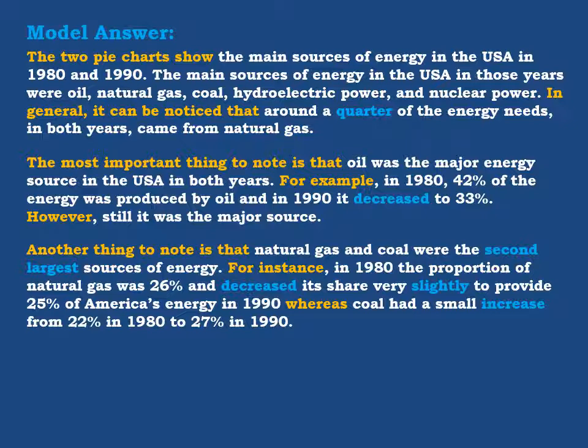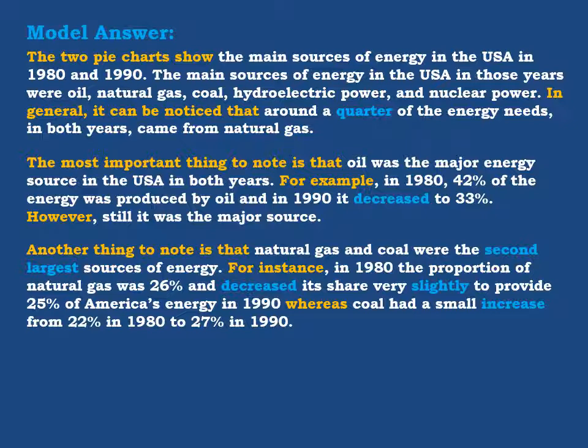The most important thing to note is that, again, now you are familiar with this phrase to start giving an idea. So the most important thing to note is that oil was the major energy source in the USA in both years. And if you look at the pie charts, you can see that it is clear that oil was the main source of power.